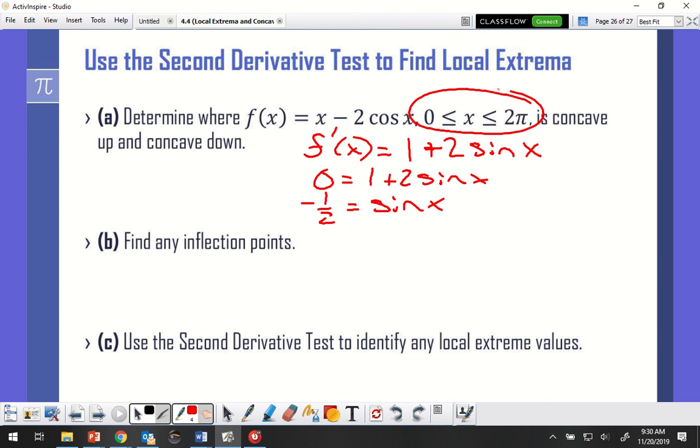So where's sine in quadrants 3 and 4 equal to negative 1/2? It's going to be at like pi 7/8 or something. Pi 7/12 or something like that. Hold on. 7/6. 7 pi over 6.